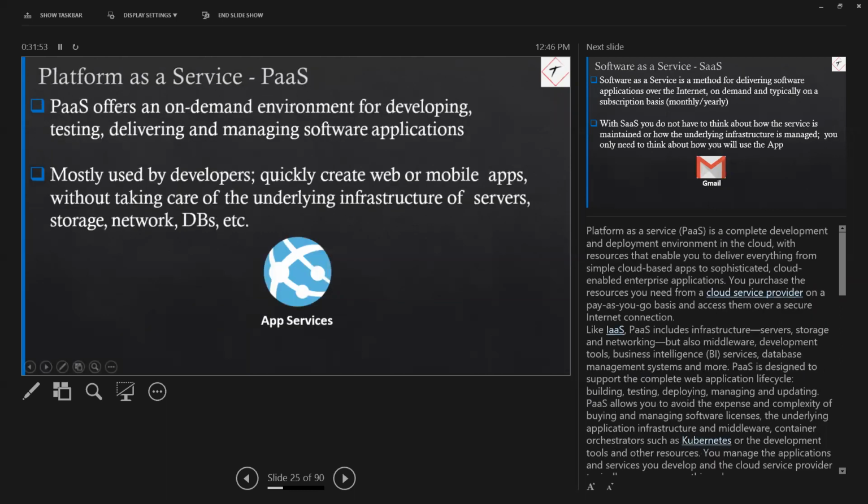If you go to platform as a service, it is an on-demand environment for developing, testing, delivering, and managing software applications. It is mostly used by developers to quickly create web or mobile apps. So you already know what your needs are. So you can just select a platform where the underlying infrastructure, storage, network, database, etc., is all managed by the cloud service provider.